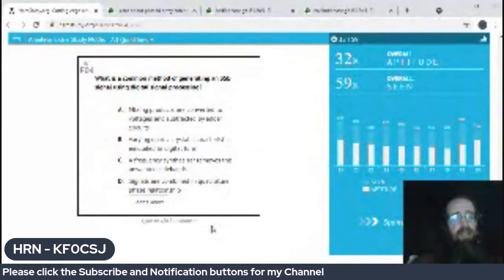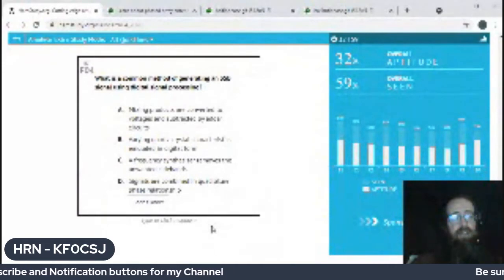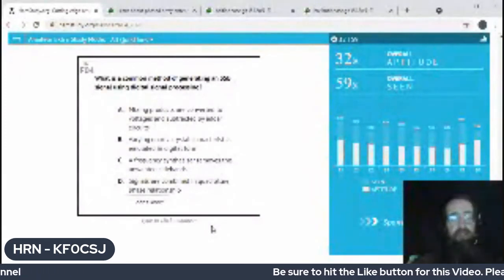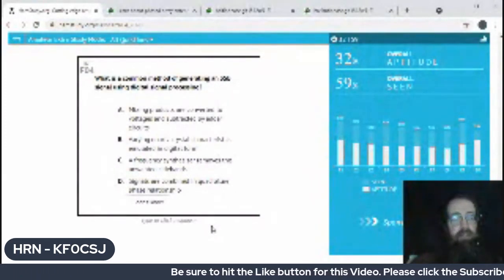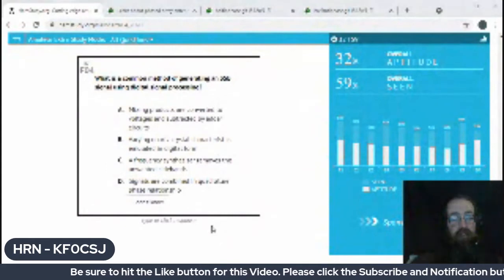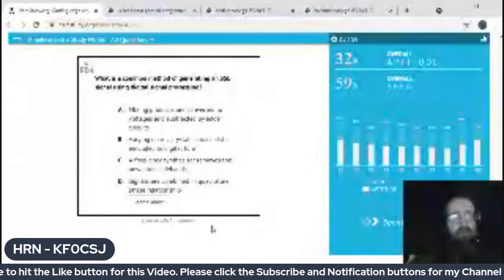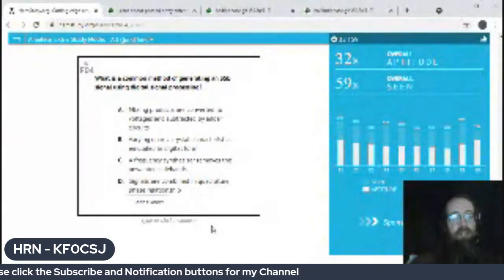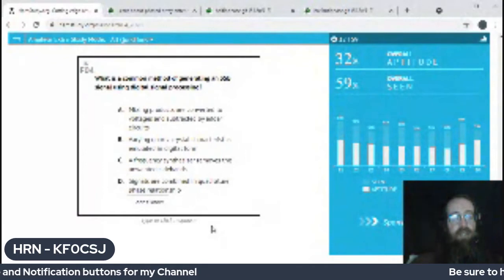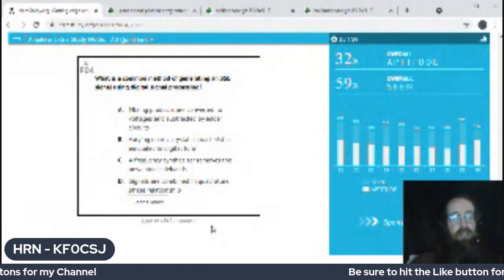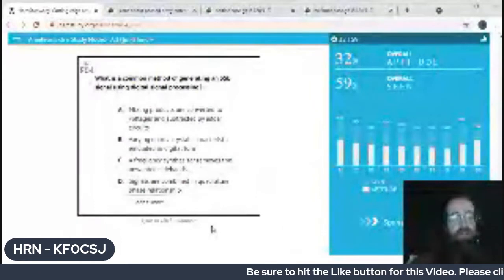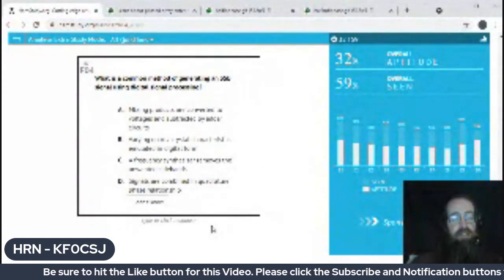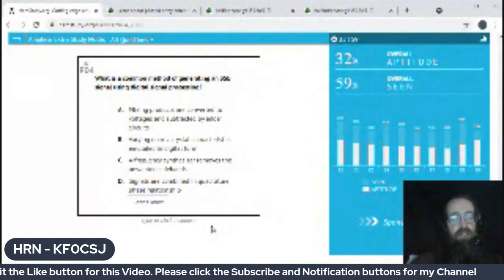What is a common method of generating SSB signals using a digital signal processor? I remember I got this wrong last time. Let's see if I can remember the right answer this time. A, mixing products are converted to voltages and subtracted by adder circuits. B, varying quartz crystal characteristics emulated in digital form. C, frequency synthesizer removes the unwanted sidebands.